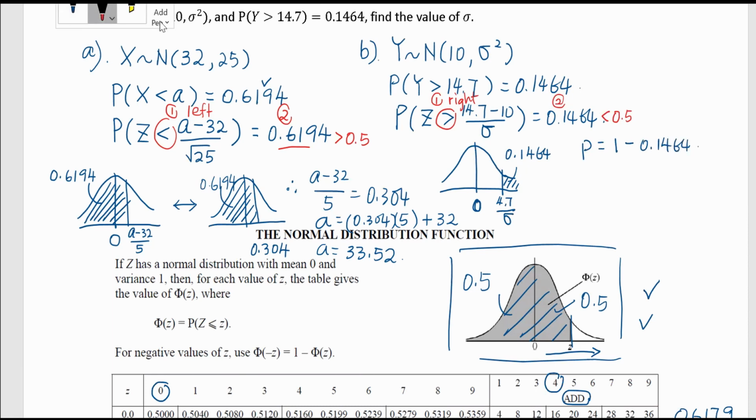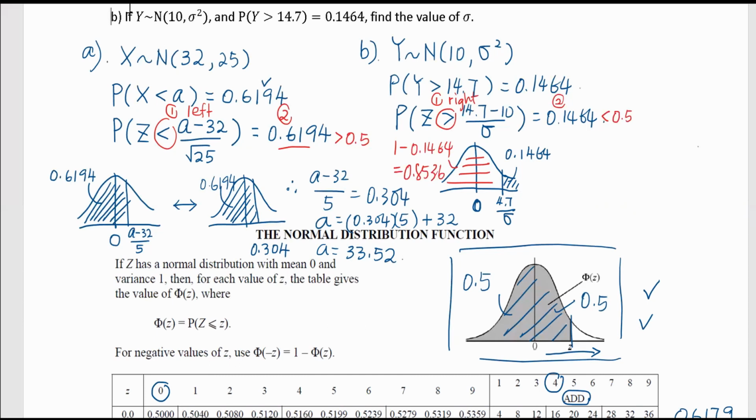We want to get the area over here. Okay, so maybe I put in red color. So to find out this area, we take 1 minus 0.1464. And what is 1 minus 0.1464? So the probability is 0.8536.